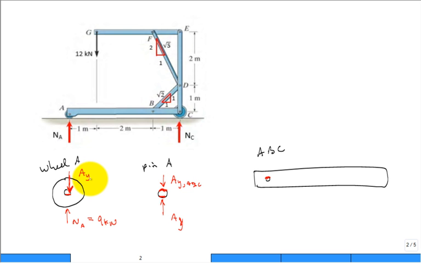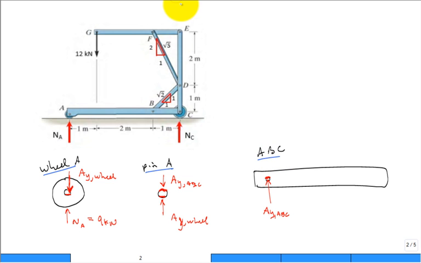So maybe we put this AY of the wheel, and then we put AY of ABC, and then over here we're going to have, acting upward, AY on member ABC. What's that due to? The pin that's sitting in the hole of the wheel, etc. So we have the free body diagram of the wheel at A, the pin at A, and then that member ABC. I've just focused right there at that location A for a second.